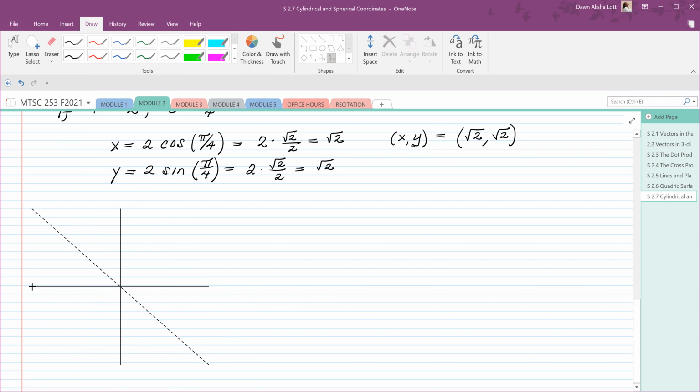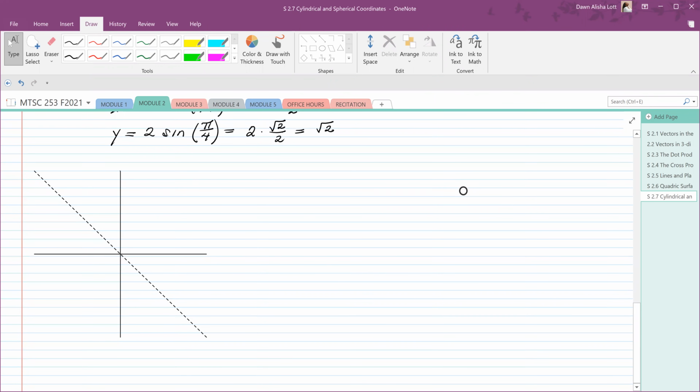Okay, it's going to be easier to do it this way. Okay, so now in 3 dimensions, this is x, this is y, and this is z.